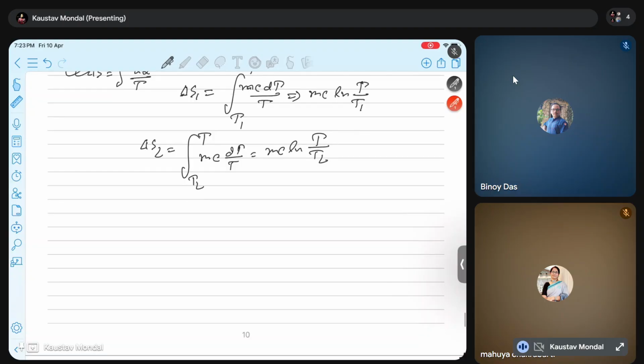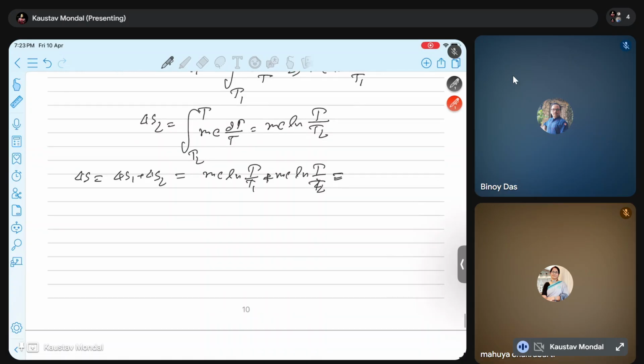So the total change in entropy is delta S equal to delta S1 plus delta S2. So MC ln T by T1 plus MC ln T by T2. Now you can write this addition of two ln as a multiplication inside the ln. So MC into ln T square by T1 into T2.